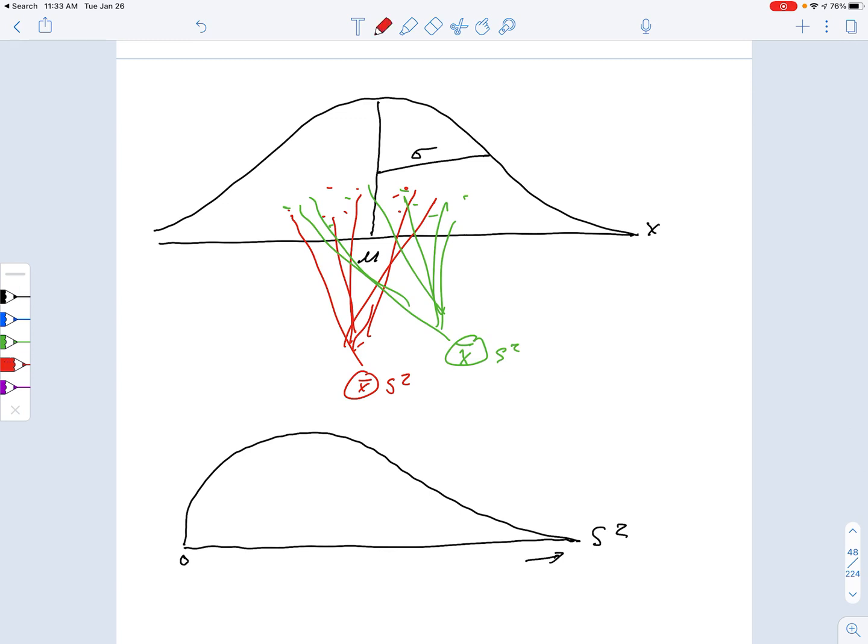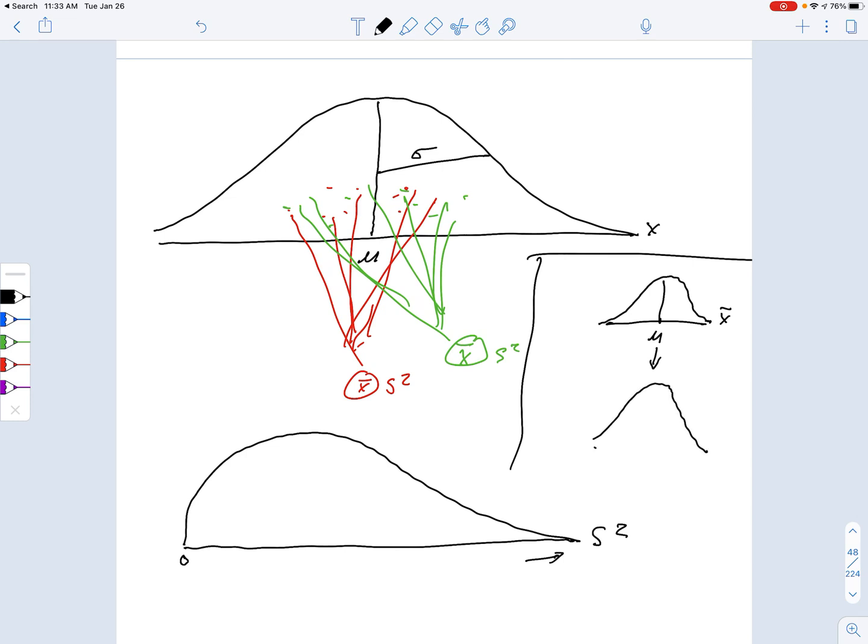Now, let's go back to, and I'm just going to tuck this into the corner here. Remember, we had our distribution of all possible x bar values, and it was normally distributed. From there we could convert that into a distribution of z values.